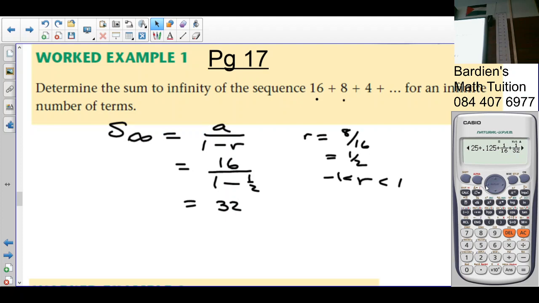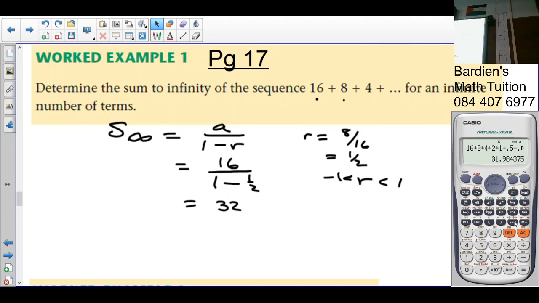Okay, it's 16 plus 8 plus 4 plus 2 plus 1 plus a half and so on. Right, there we go. My mistake there. It's 31.984 and so on.